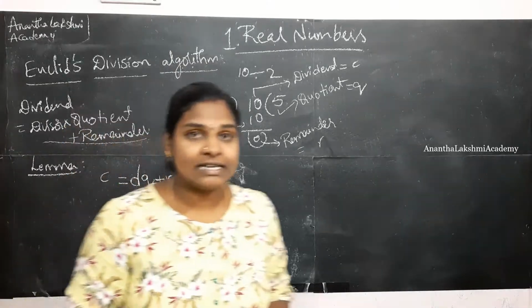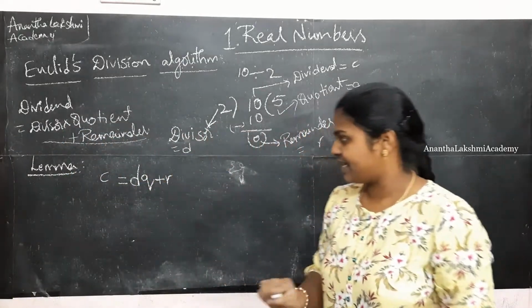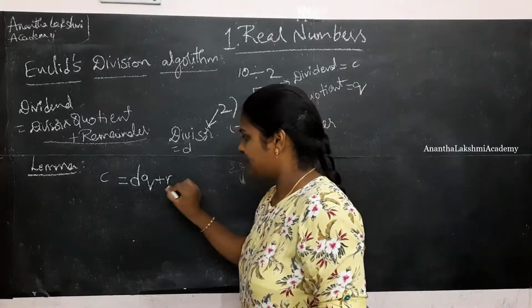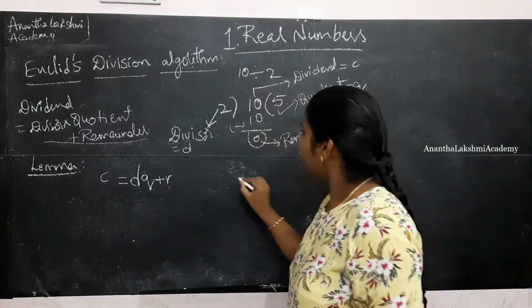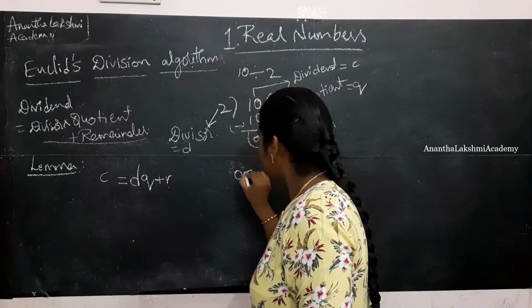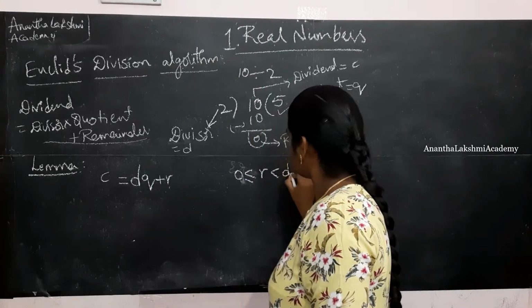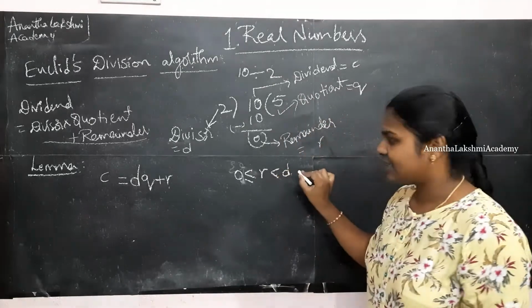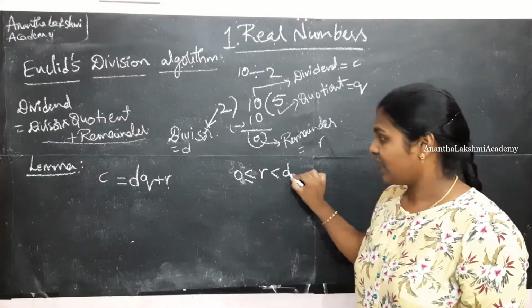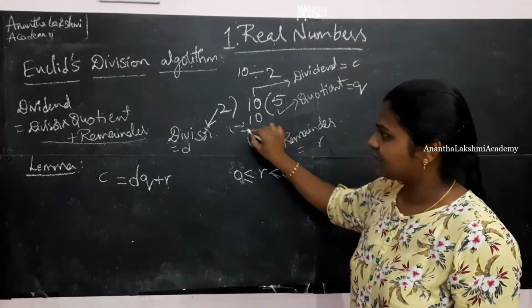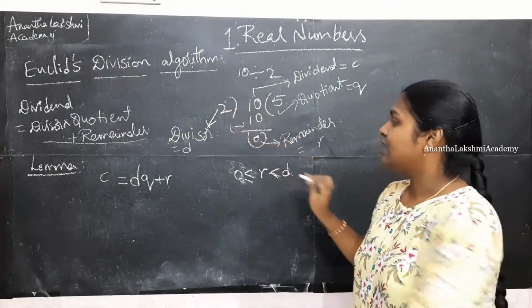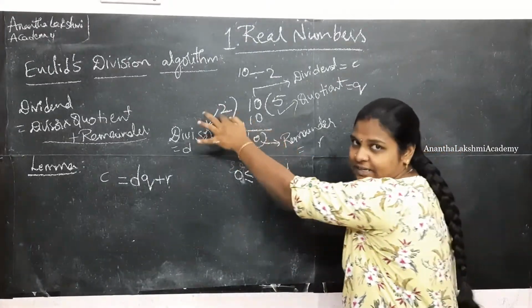So within his lemma, what he is trying to say is the remainder is less than the divisor. 0 is less than divisor, right? Remainder is always less than the divisor.